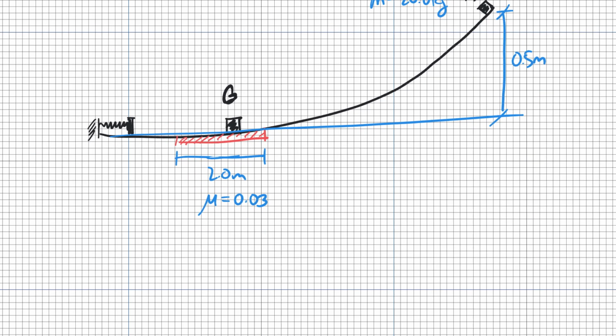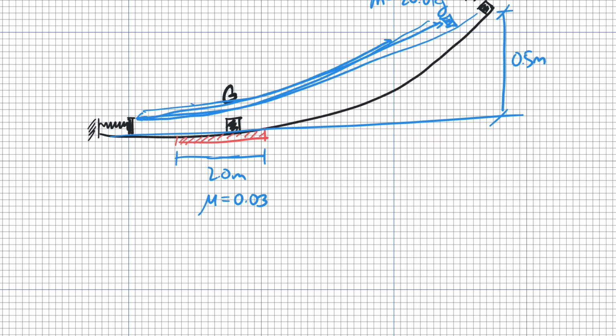All right, cool. So now it's going to go from A to G. How's it going to get to G? Well, it's going to slide there. It's going to hit the spring, and the spring is going to give it its energy back. It's going to go up, not quite making it to the original height. Then it's going to go back down, hit the spring again, and not make it quite as high.